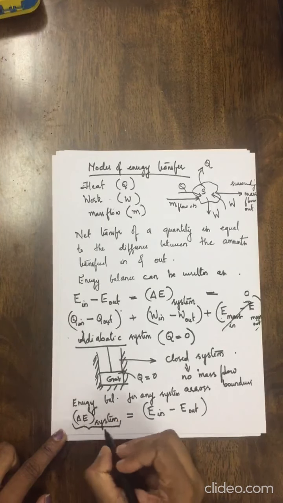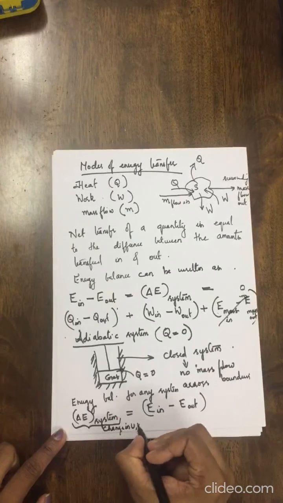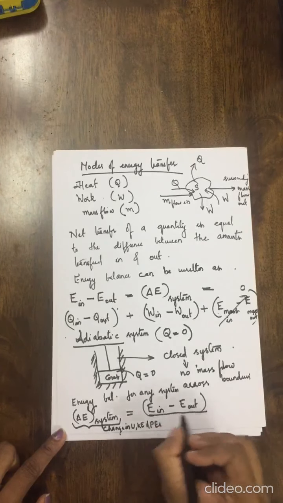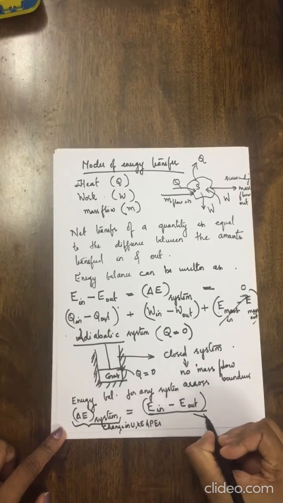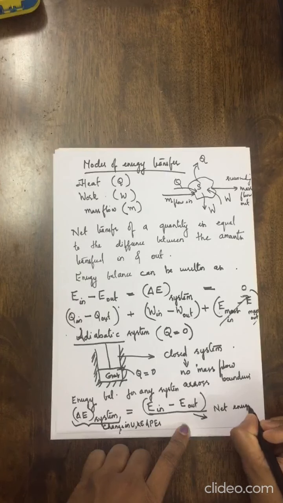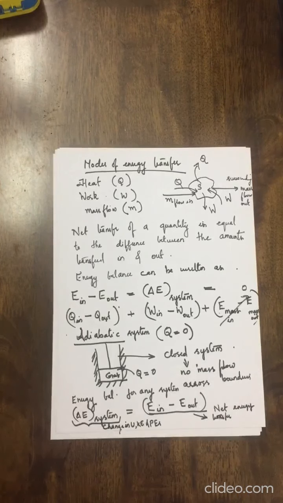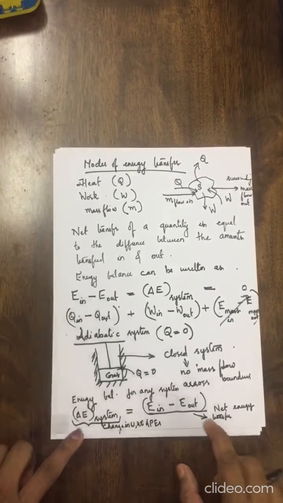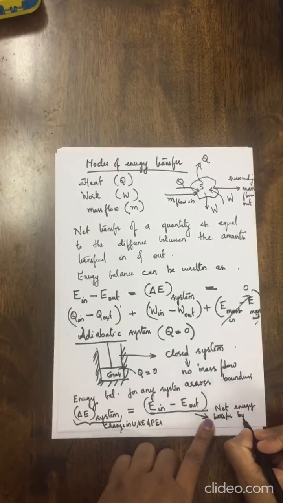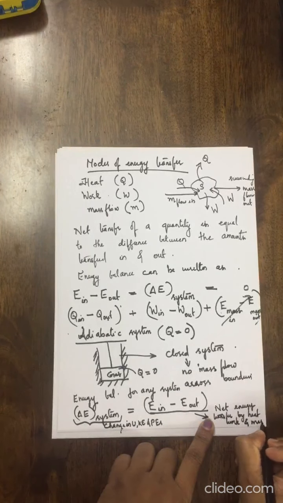It is due to change in internal energy U, kinetic and potential energies. Whereas what is E in minus E out? E in minus E out is the net energy transfer. This term is the net energy transfer by heat, work and mass.